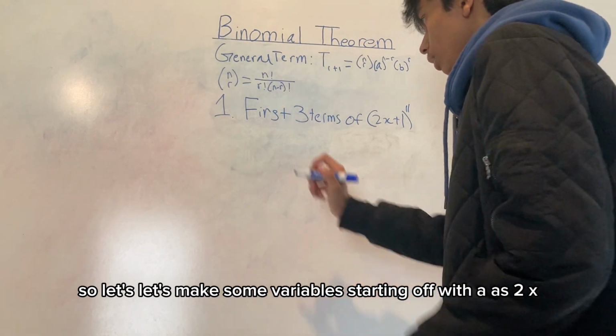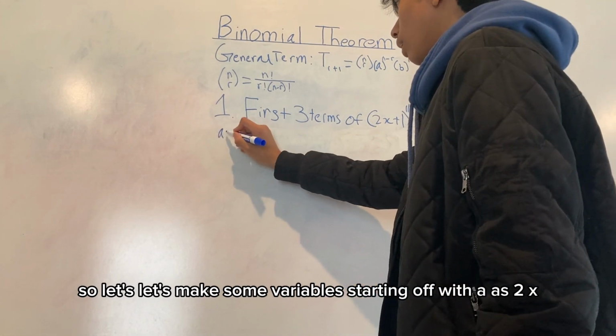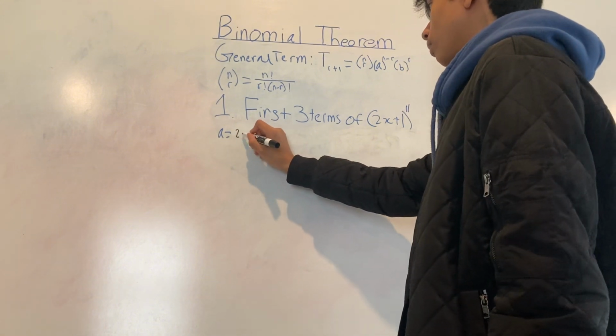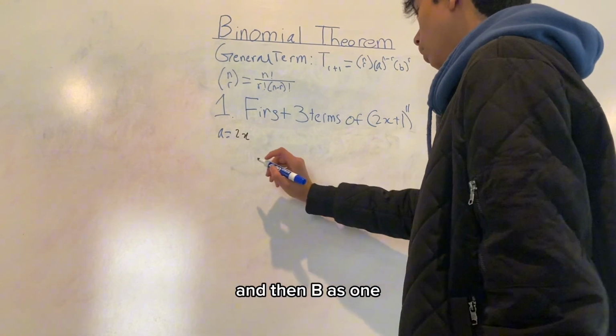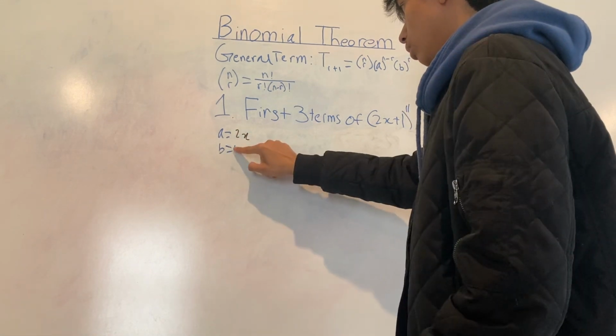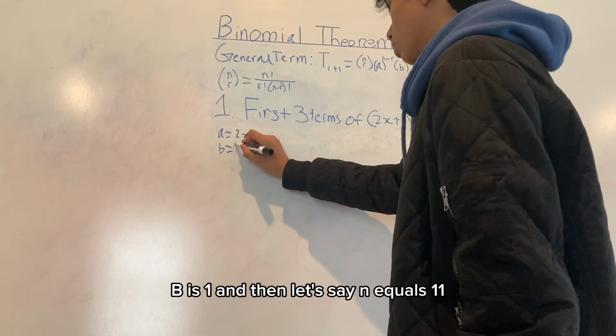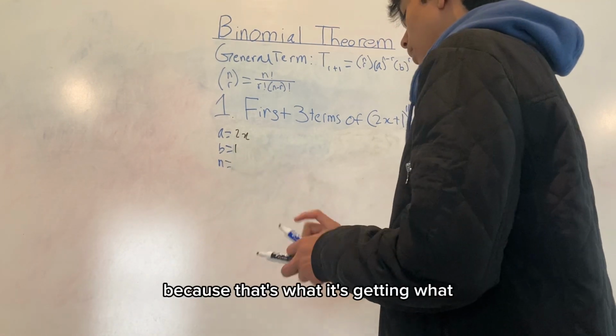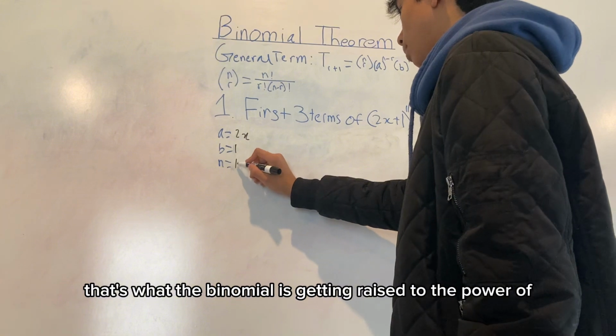So let's make some variables, starting off with a as 2x, b as 1, and n equals 11, because that's what the binomial is getting raised to.